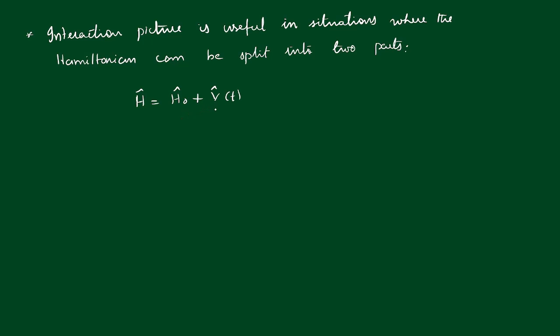H0 is supposed to be a Hamiltonian that we completely solve, and the eigenvalues and eigenvectors of H0 are known. For example, you may have the simple harmonic oscillator Hamiltonian plus some extra term, then we can use this, because we already know the complete eigenvalues and eigenvectors for H0.